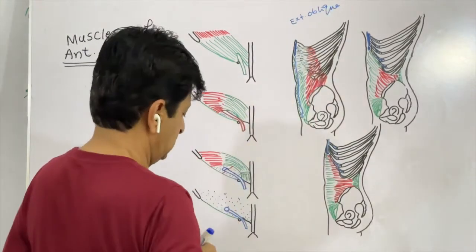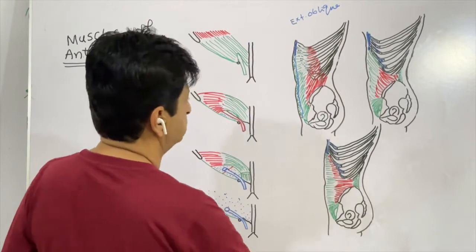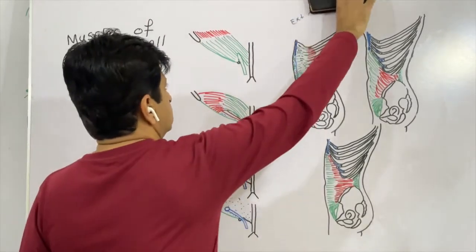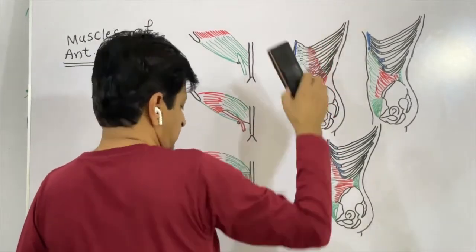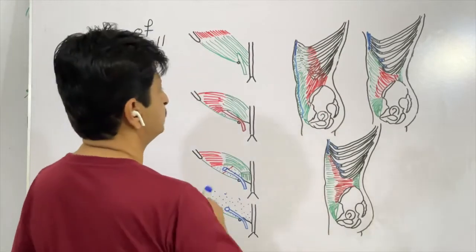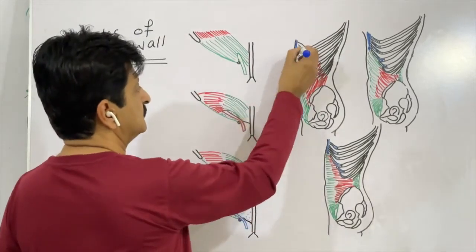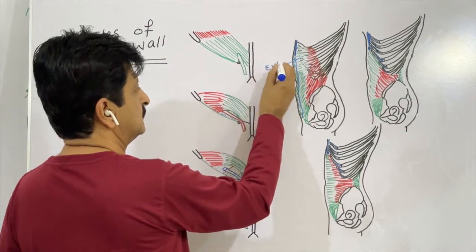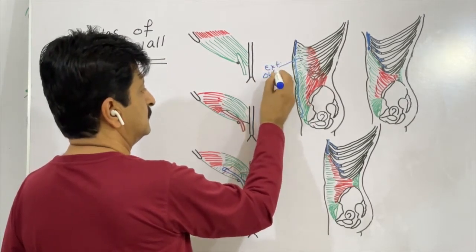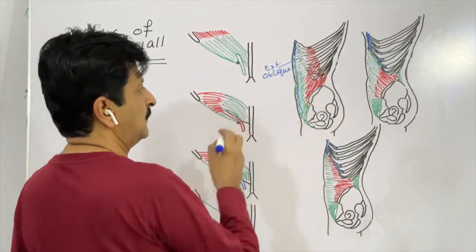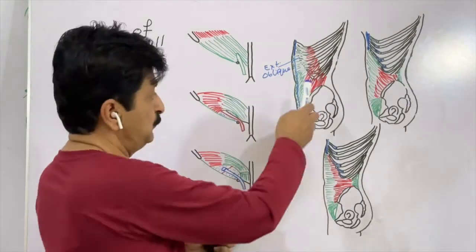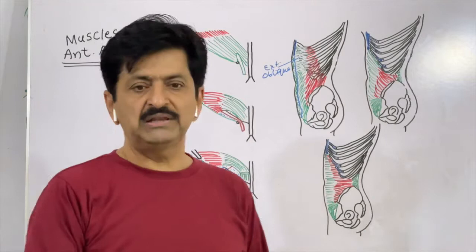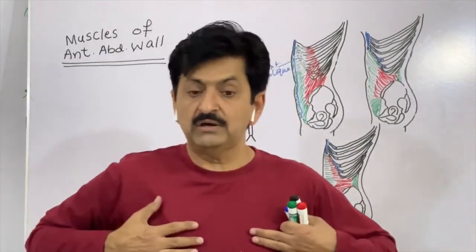So we call it the external oblique muscle. Now, where does the external oblique muscle take origin from?